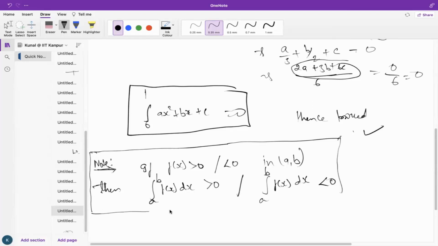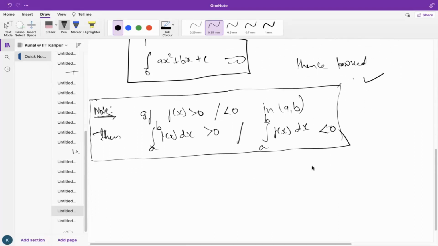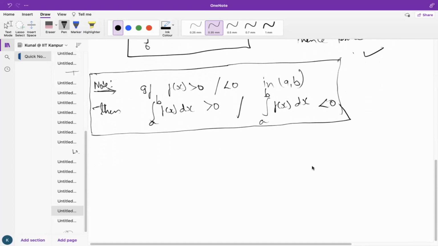Let me show you by a graph what this statement tells and what it actually means. Let us suppose our function is positive. This is the x-axis, this is the y-axis. If our function is positive, that means it lies above the x-axis, right?